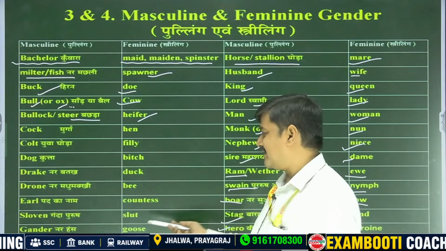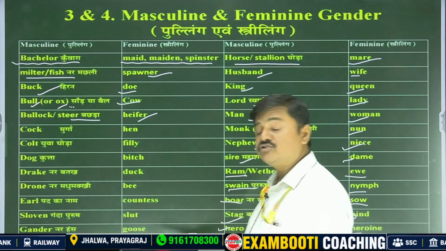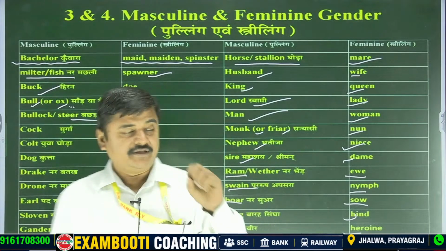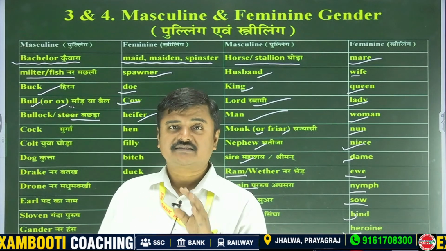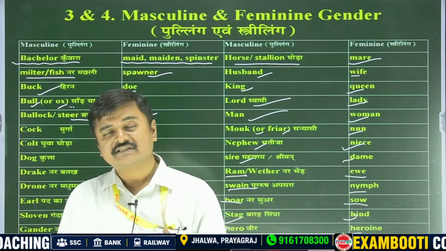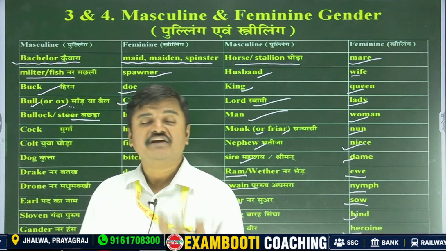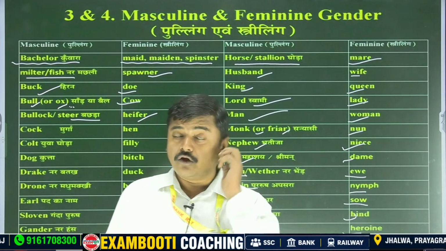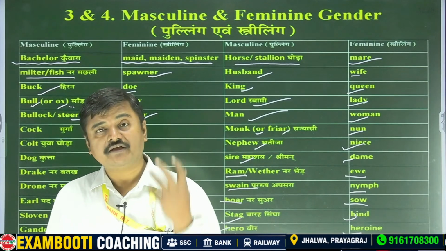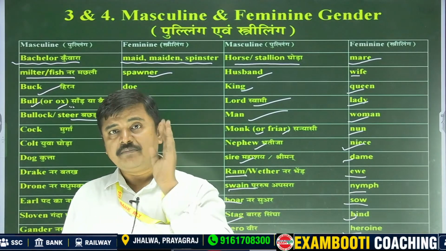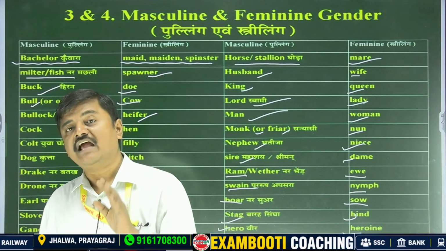Sloven and slut. Gander and goose, of course. So here is the list. Here are some words of which you will find most you are not aware of. So all the words that you are not aware of, just spot them, write them down and keep them in your memory because it will help you a lot.